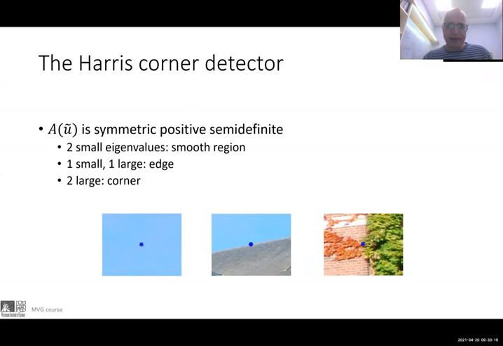If there is one large eigenvalue and one small eigenvalue, that could be an edge. So it means that in one direction there is repetition, and in the orthogonal direction there is no repetition. Okay, the window changes. And if you have two large eigenvalues, that could be a corner or some kind of texture, like here. This means that small moves will make changes in any direction.